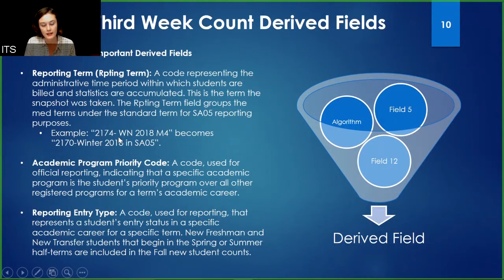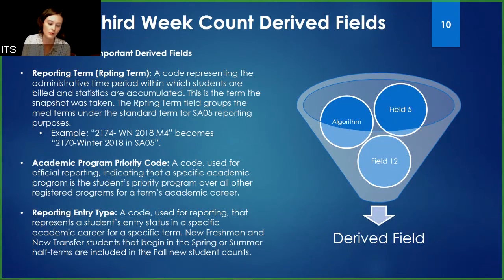So if it was 2174 in student records data set SA03, it becomes 2170 in the third week SA05 data set. And this is for ease of reporting again, because we have these reports where people select terms and we really want to give them full enrollment counts. So we compress those terms into one reporting term.